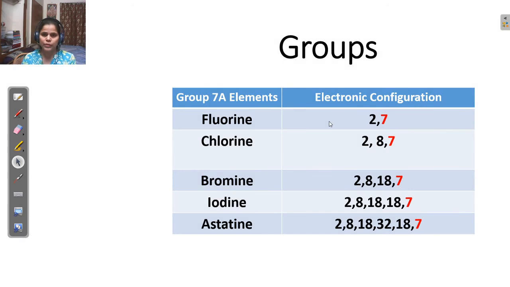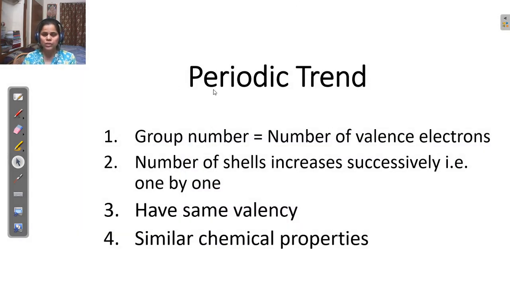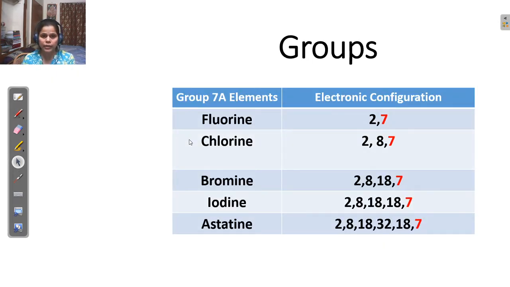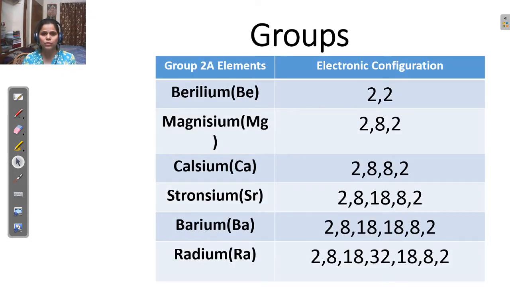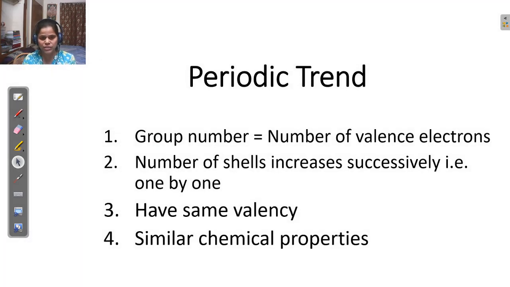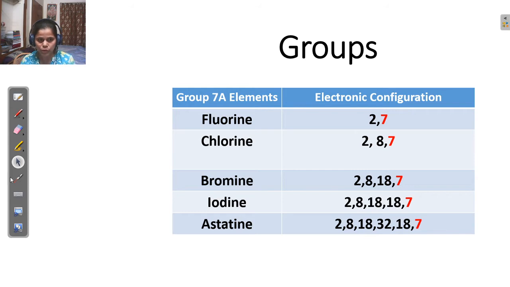So what is the trend here? The elements in each group follow a specific trend. Trend number one: the group number is equal to the number of valence electrons. Here the group number is 7, so the valence electrons in each element are 7.